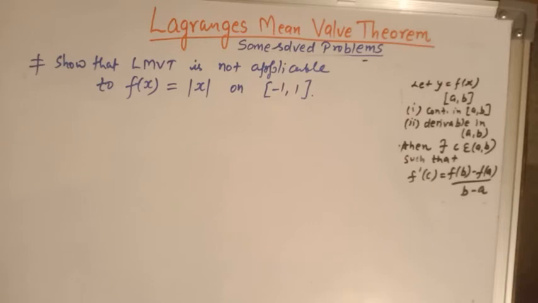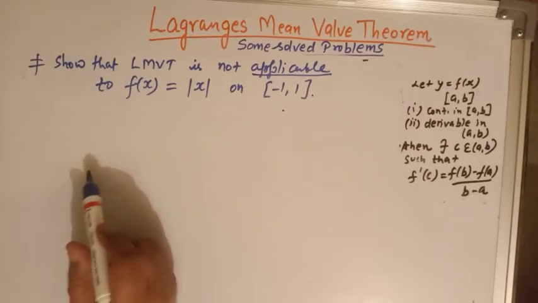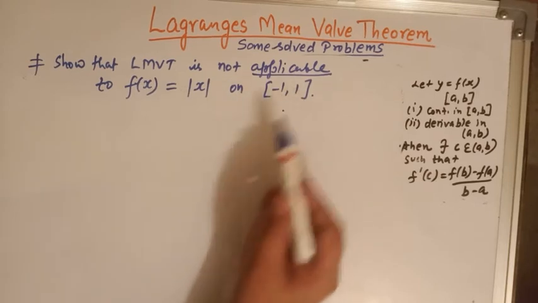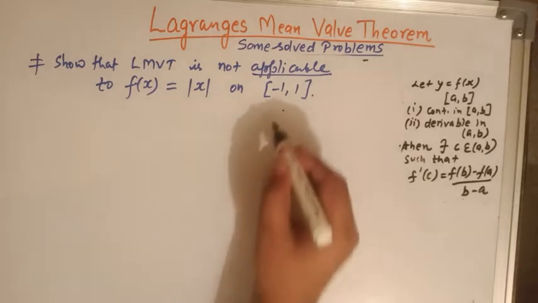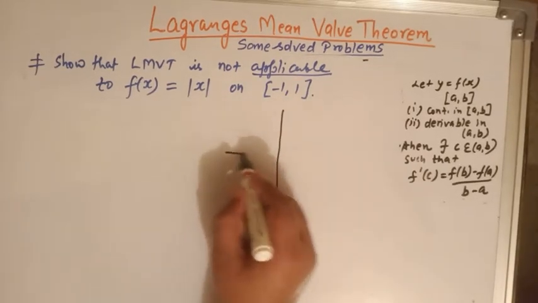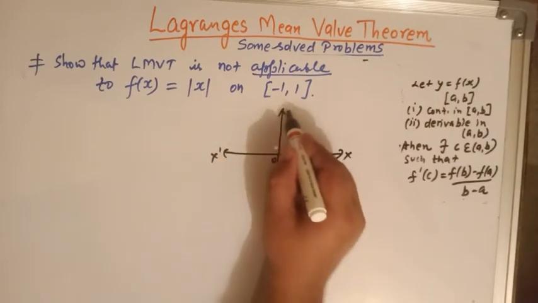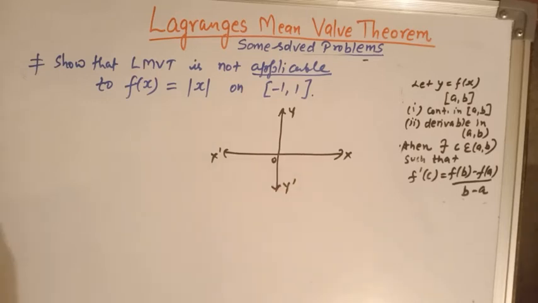Now viewers, we have one important and interesting problem here. Show that the Lagrange's mean value theorem is not applicable to this function, the absolute value function on minus 1 to 1. So viewers, we know that the graph of the absolute value function looks like this.